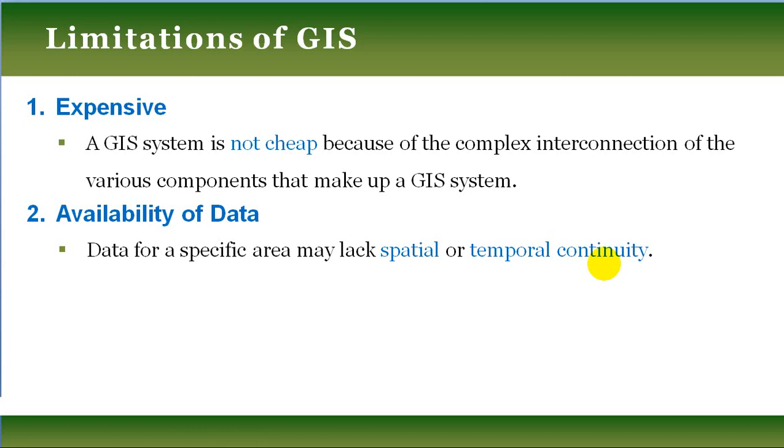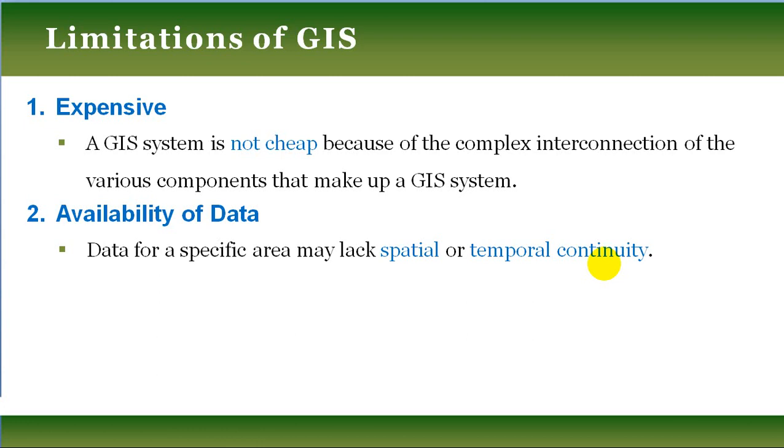So I got the population data for the KMC area for 1980 and 1990, but it is missing for 2000, although 2010 I already got. This is the example of lack of temporal data continuity.